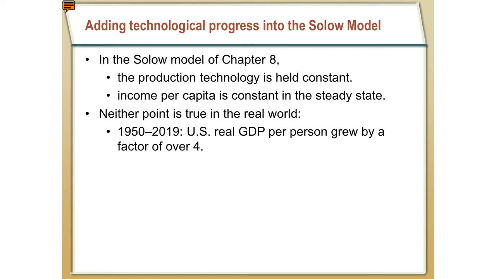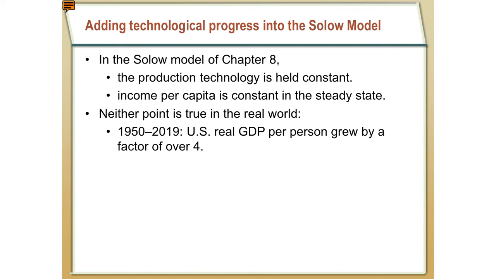So neither of these things is true in the real world, right? So we have lots of evidence that technology is constantly changing. And data shows that income per capita, per capita GDP, if you want to think of it that way, that's not being held constant either. That's changing.